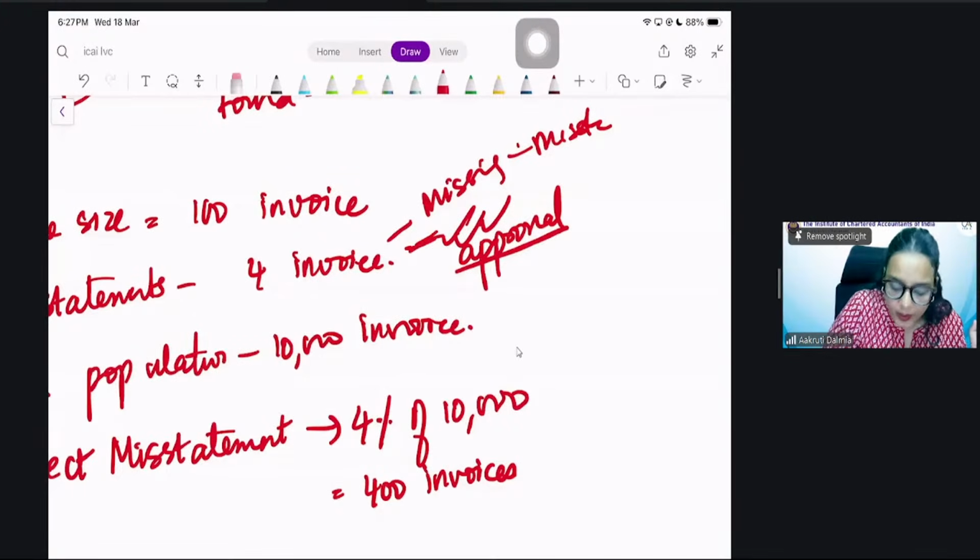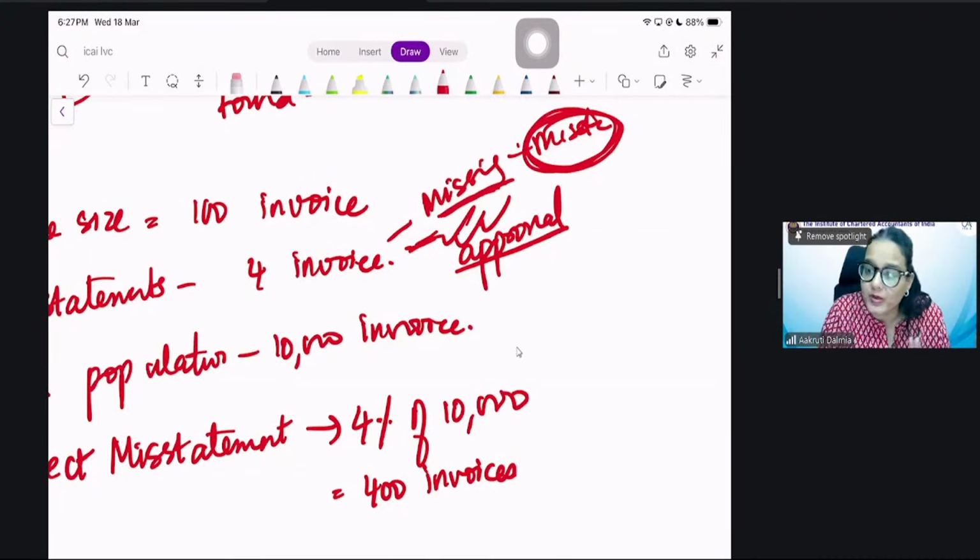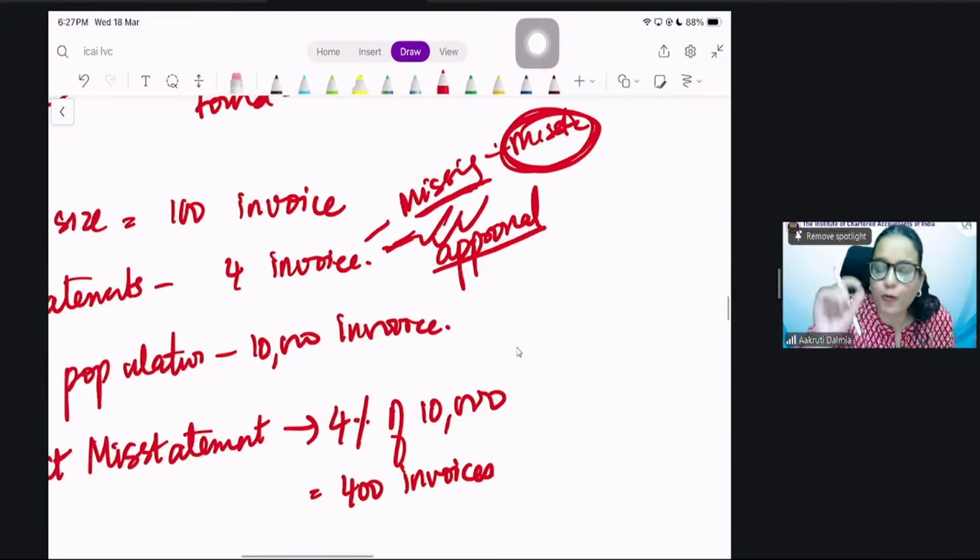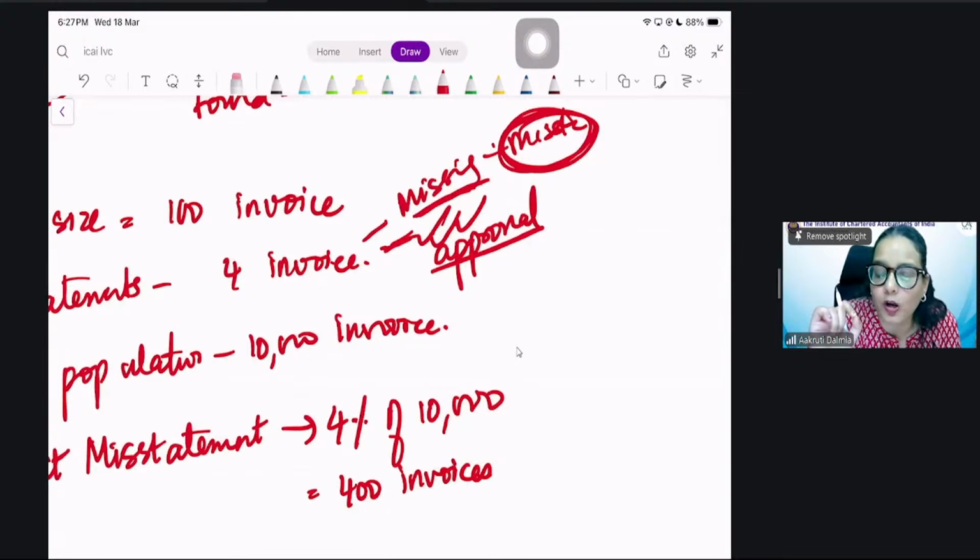If in these 4 invoices, the invoice itself was missing, it became an overall problem of misstatement. But if all the invoices were correct, all the amounts were correct, everything is available, only the approval seal is not available, what weakness does it talk about? It talks about deviation of internal control.